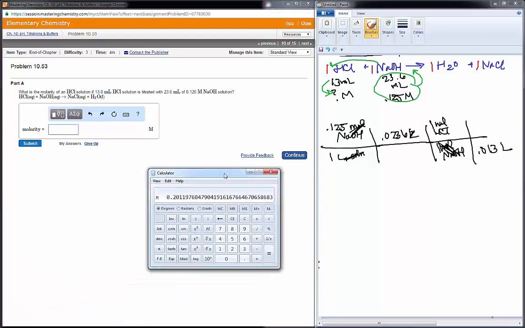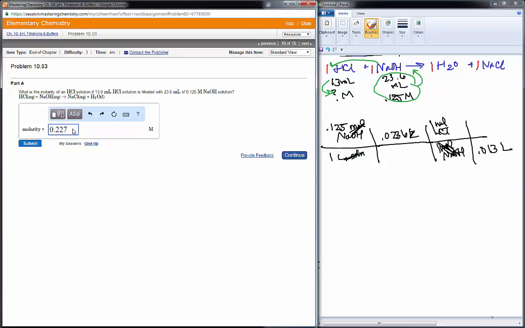So this is not even new really to chapter 10 material. We did all this on our last exam. You guys can do molarity to molarity calculations like this, and I get a concentration of 0.227 molar.